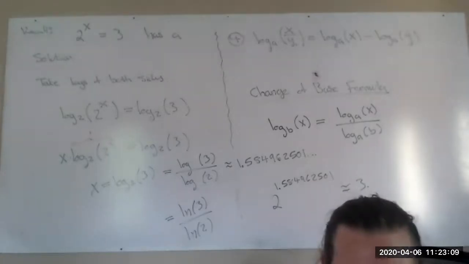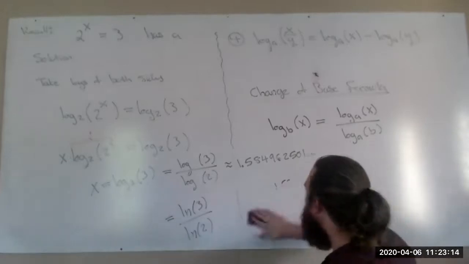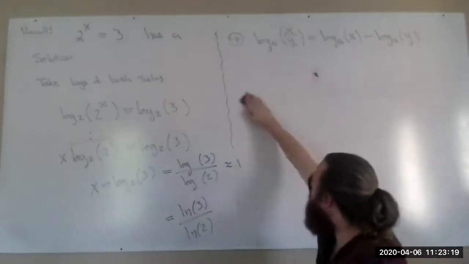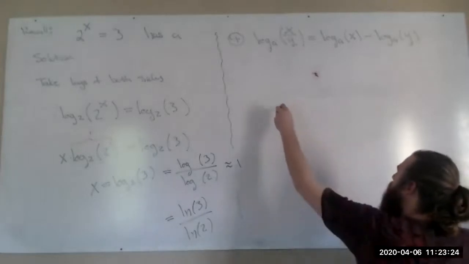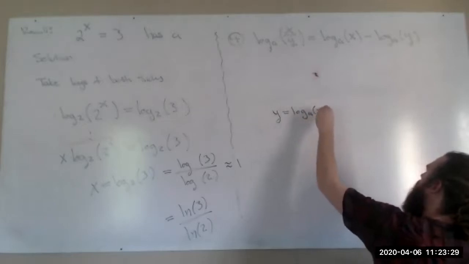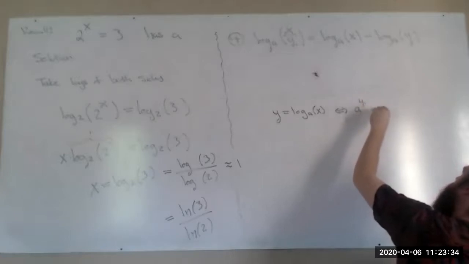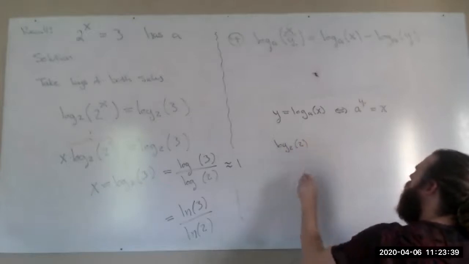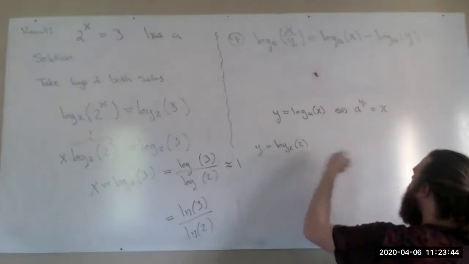Why is the base 2 log of 2 equal to 1? It's a fair question. So go ahead and look at the definition of the logarithm. Remember, y equals the base a log of x is the same as saying a to the y equals x. So if I want to evaluate log base 2 of 2, I can call it y, and say y equals the base 2 log of 2.